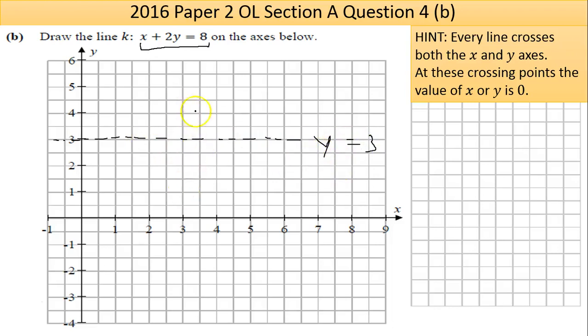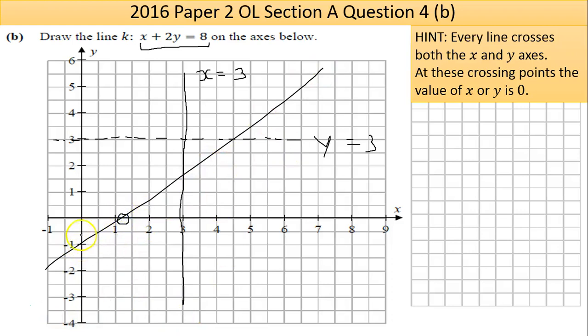The vertical line here is the line x equals 3. You'll notice there's no y value. So every equation that has an x and a y value is not vertical or horizontal. It might be very steep or very shallow, but this one is going to be a line that crosses the x-axis and the y-axis.